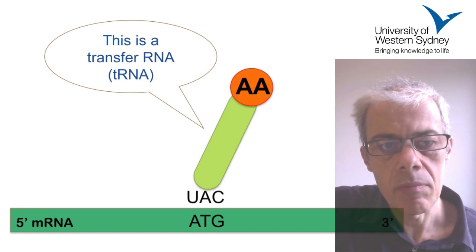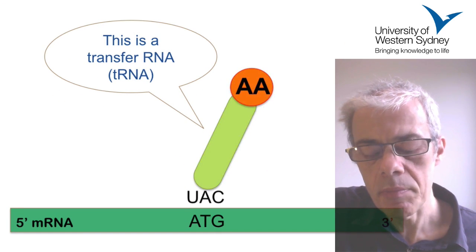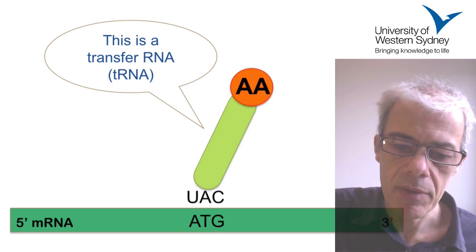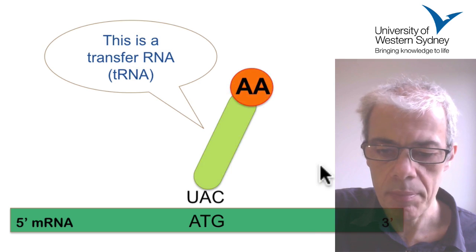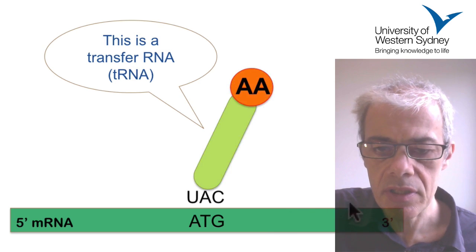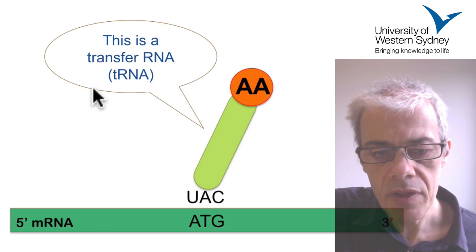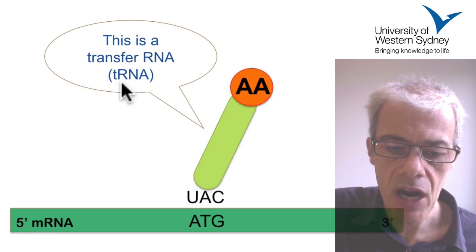Back in the 1950s, people postulated that this adapter existed, and this adapter was the link between a messenger RNA nucleotide sequence and a particular amino acid. As we know, this adapter is a transfer RNA.